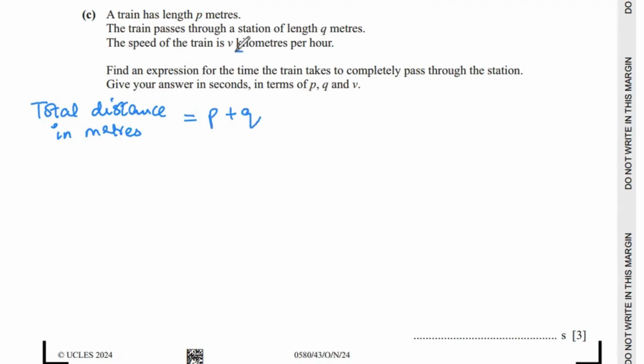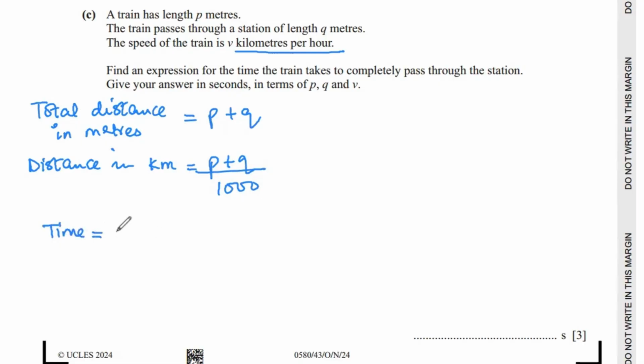Now the speed is in kilometers per hour, so we need to convert this into kilometers. So distance in kilometers is going to be p plus q divided by 1000. Now time has the formula of distance divided by speed.